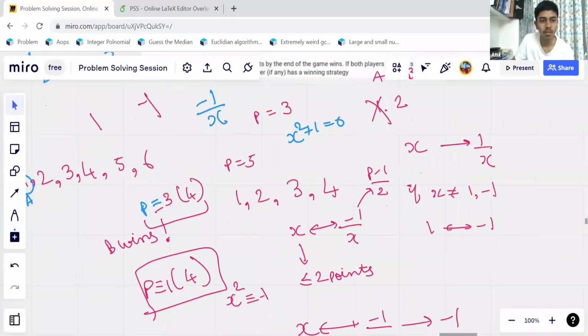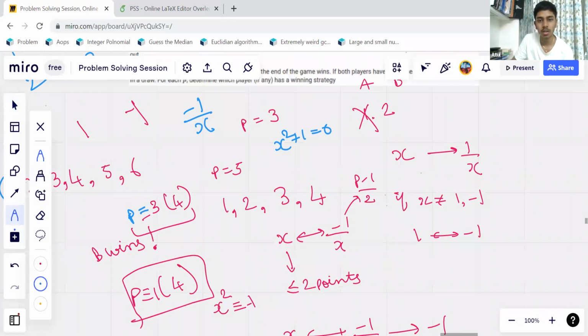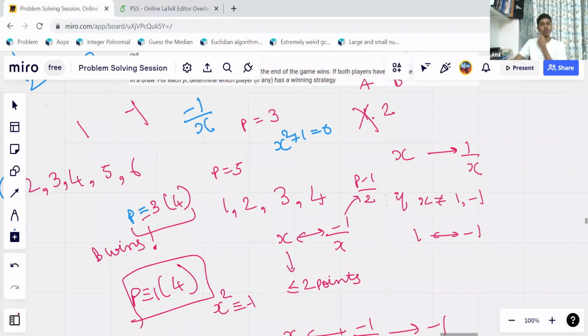I think for p equals 3, the first player actually wins. For p equals 5, let's check quickly. Let's say I pick 1, and you pick, say, 4. You can't really do anything. The first player wins anyway.